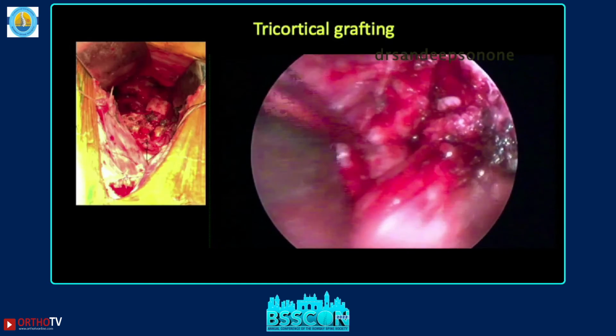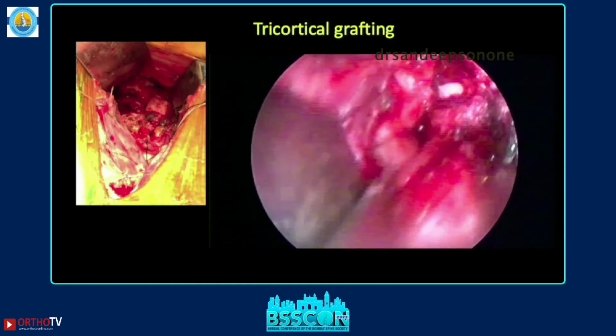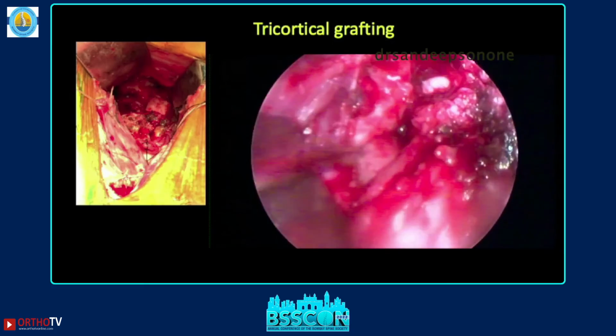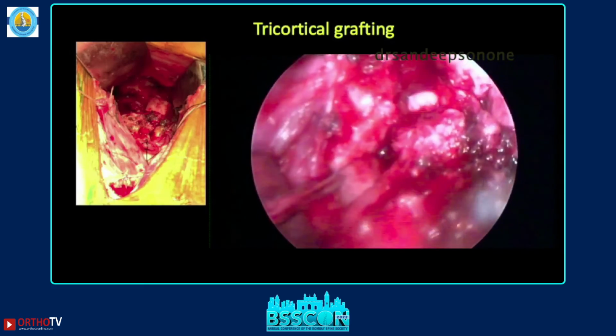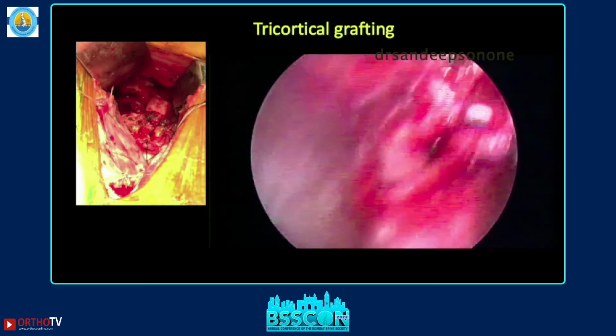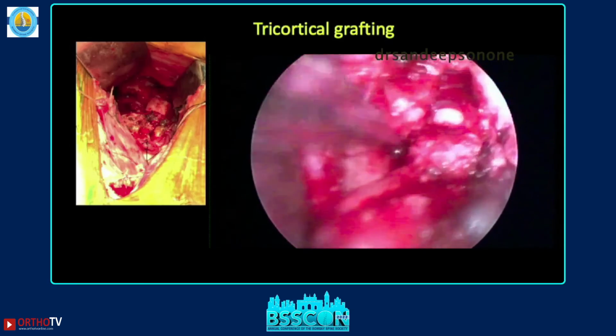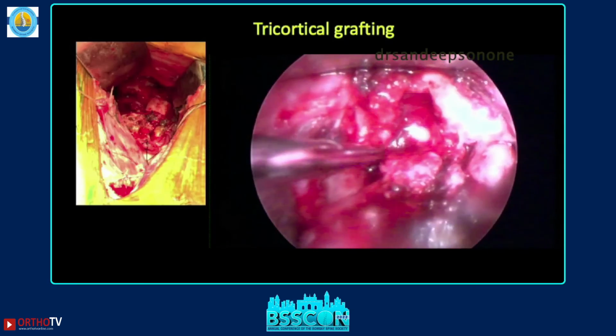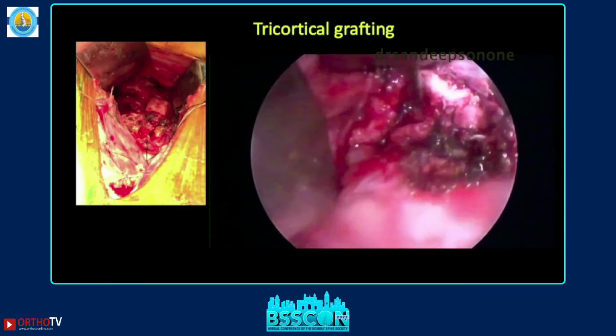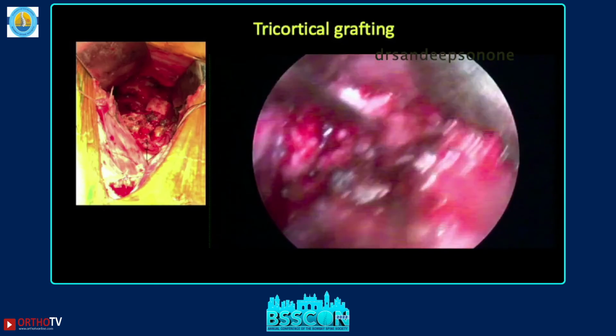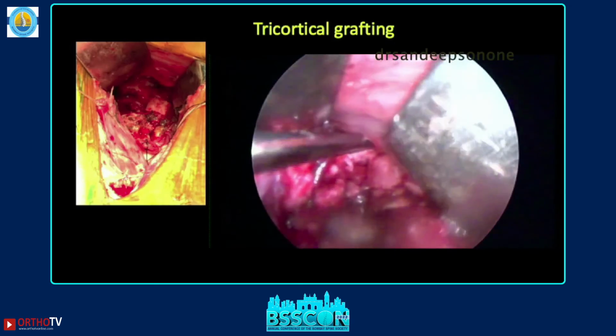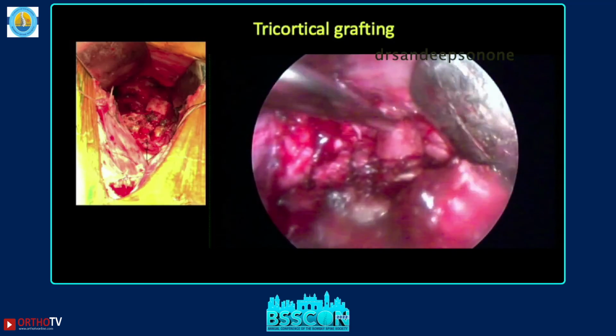One, it keeps the C1 C2 facet joint distracted, which reduces the basilar invagination, and the second and most important part is that the graft is placed in the C1 C2 facet, which is the weight bearing column.